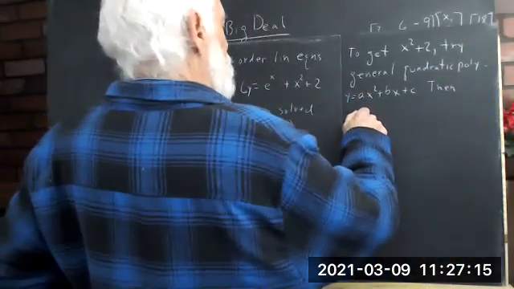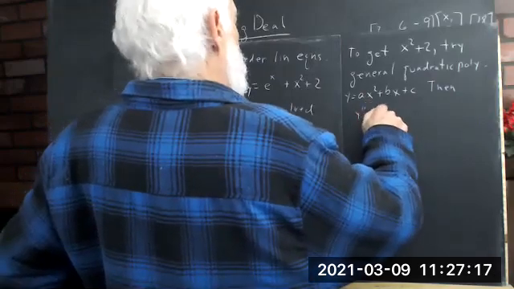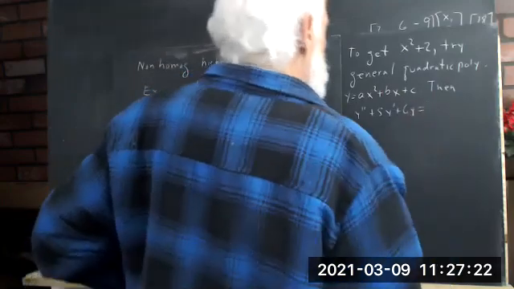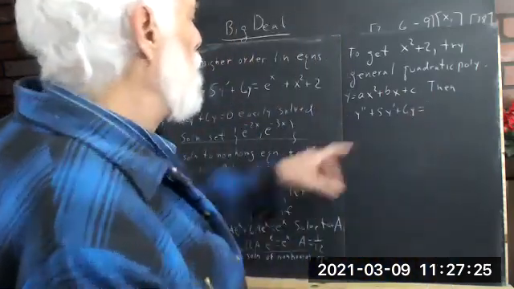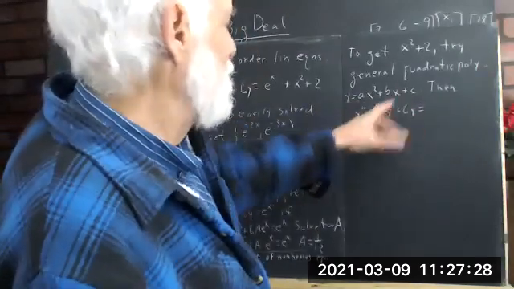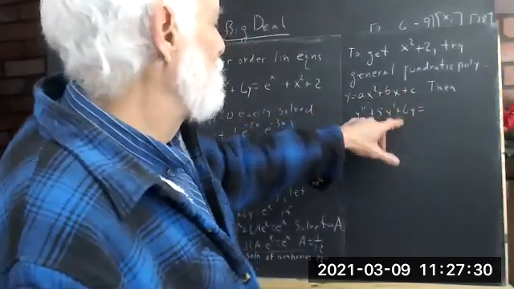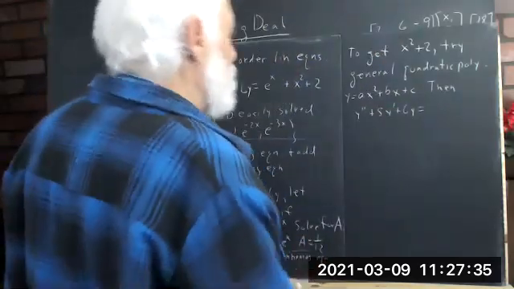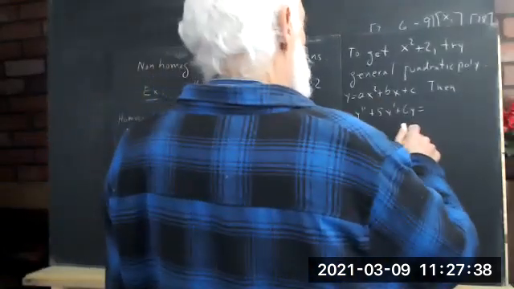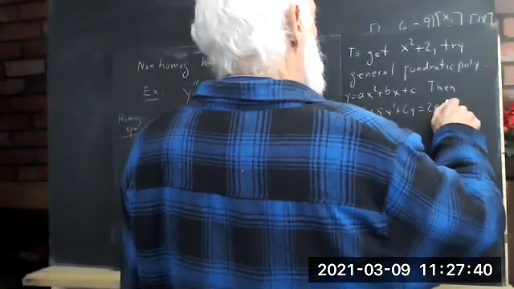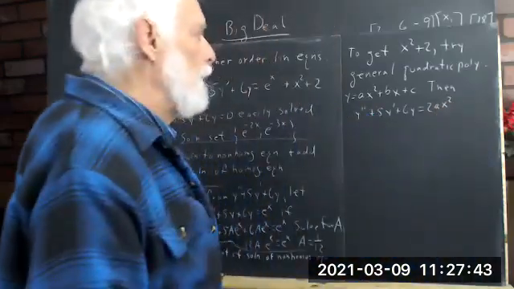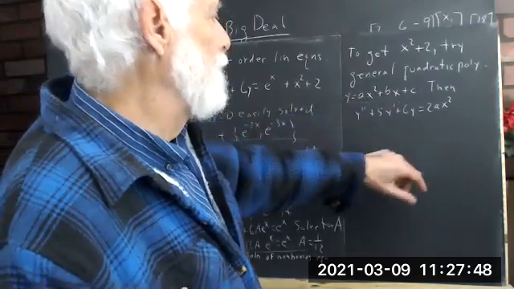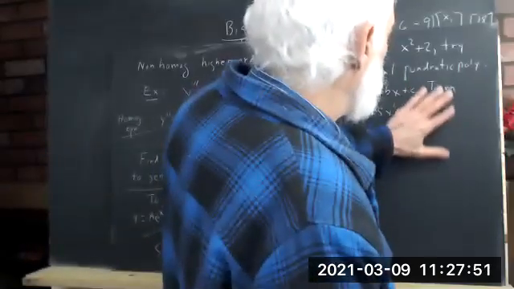Well, if we do that, then y double prime plus 5y prime plus 6y equals what? Well, y double prime is, take two derivatives, the x term and the constant term just go away, and we end up with 2ax squared. The first derivative is going to give us, and it's not 2ax squared, it's 2a.